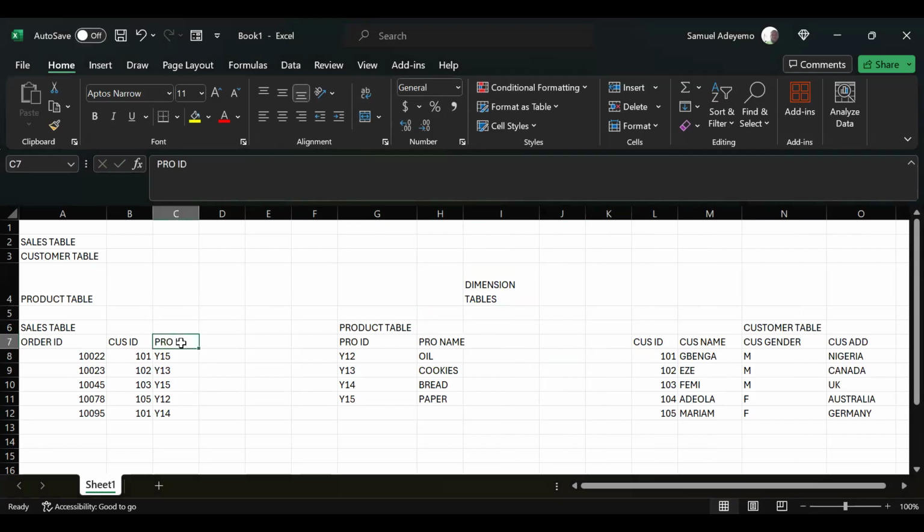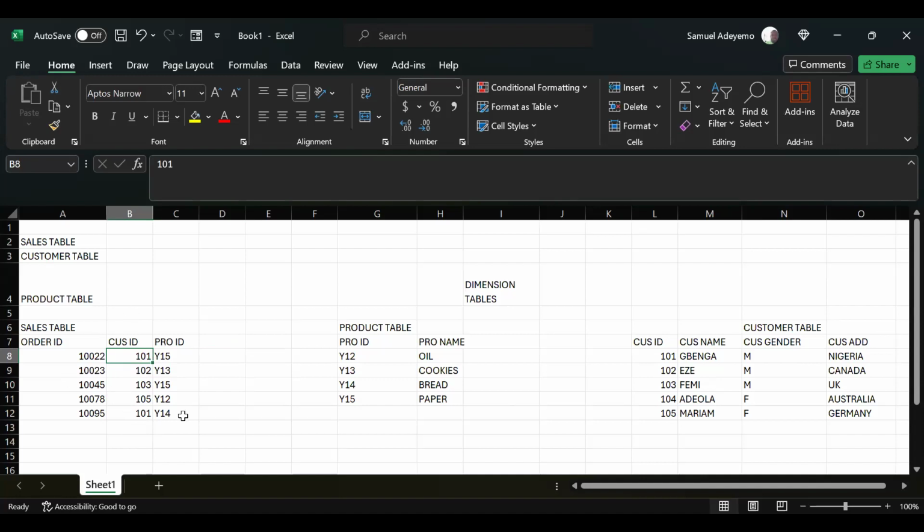Now, let's come to the sales table. On the sales table, you are seeing the order ID. It means that one order is a unique order, one unique order ID, right? Now, you see that customer ID 101 is appearing 2 times.